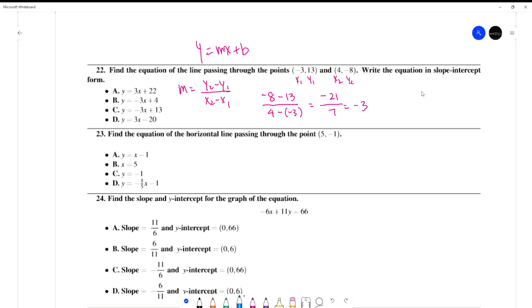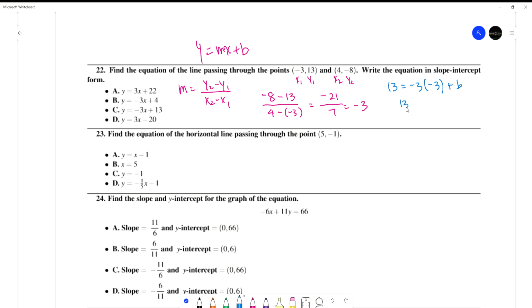This is our m. Now, we plug in one of the ordered pairs and the slope to solve for our y-intercept b. So I'll use the first ordered pair. y, 13, is equal to m, negative 3, times x, negative 3 as well, plus b.